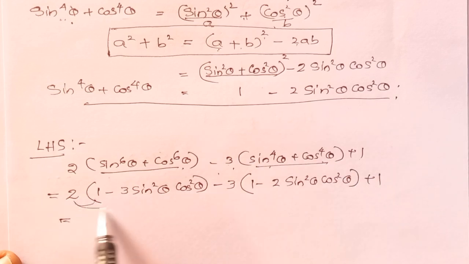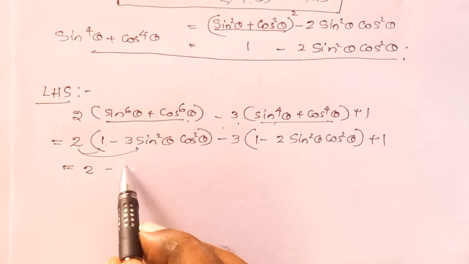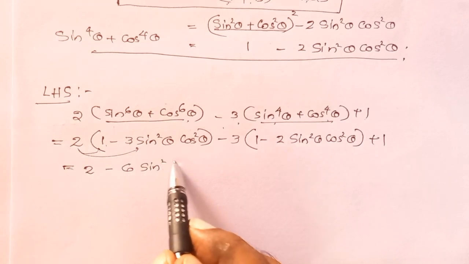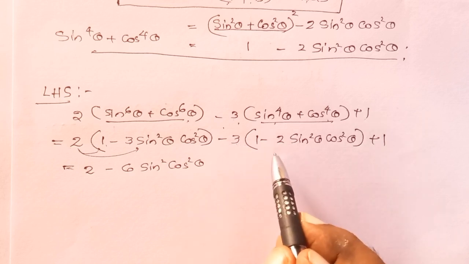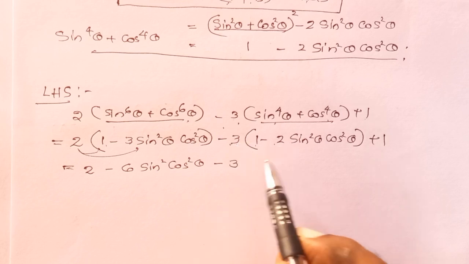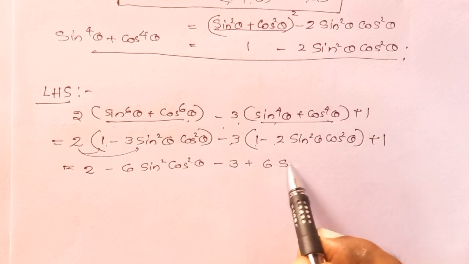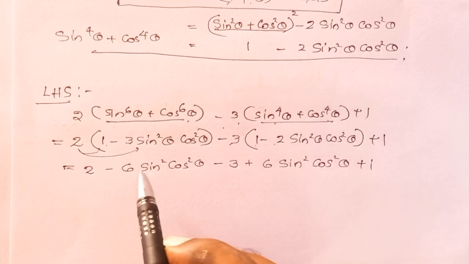When you expand the bracket by distributive property, we get 2 minus 6 sin square theta cos square theta. Here also expand the bracket using distributive property. We get minus 3 into 1, minus 3, minus 3 into minus 2, plus 6 sin square theta cos square theta, plus 1.